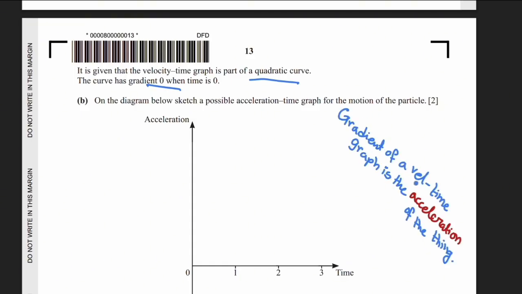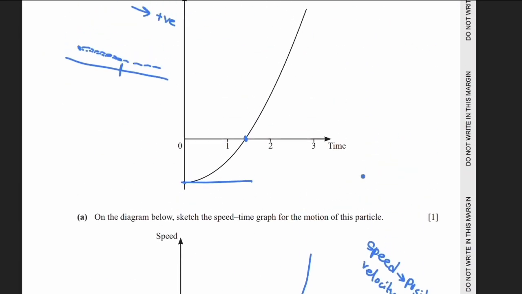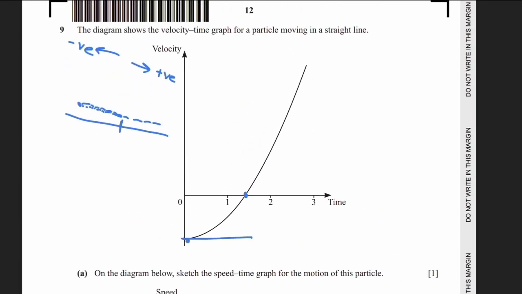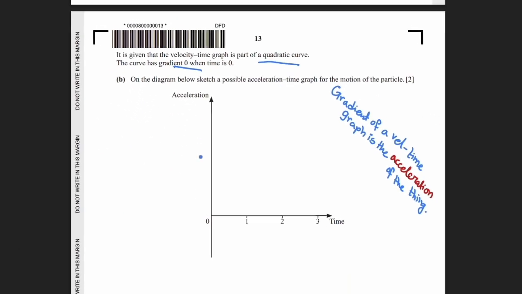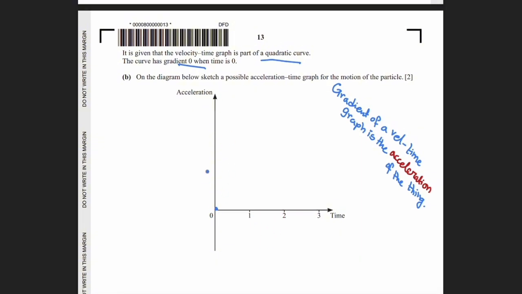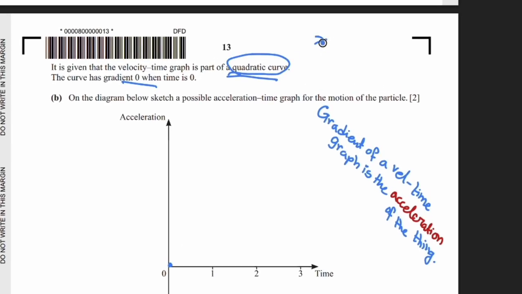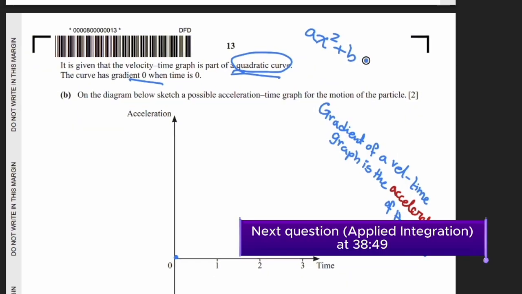The gradient of a velocity time graph is the acceleration of that thing. That means the acceleration of the particle at time equals 0 is 0. Very nice. Now, it says that it was a part of a quadratic curve, right? Which is ax squared plus bx.